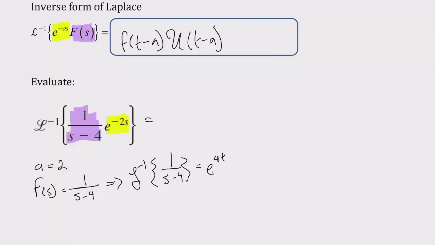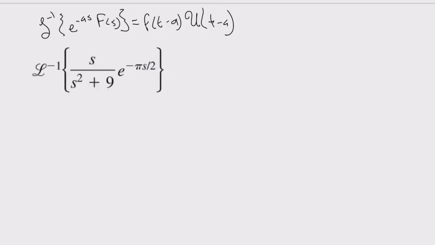So f of t minus a, keep in mind, is connected to that F of s, so that would give me e to the 4 times t minus a, which was 2, times the unit step of t minus 2. I kind of felt it helpful to mirror the formula above what we're trying to manipulate here.